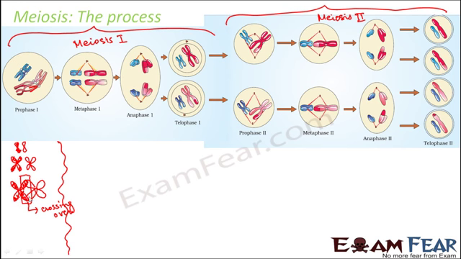So at these two regions, which are called crossing over, some part of the first chromosome gets exchanged with the second chromosome, and some part of the second chromosome gets exchanged with the first chromosome, and this process is known as recombination. So towards the end of prophase 1, the first homologous chromosome looks somewhat like this.